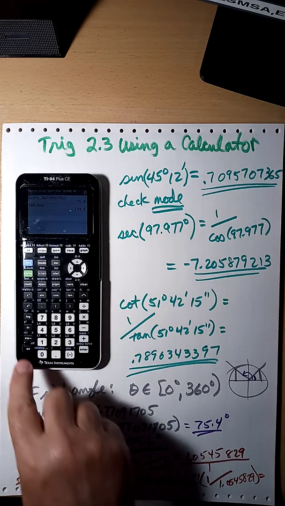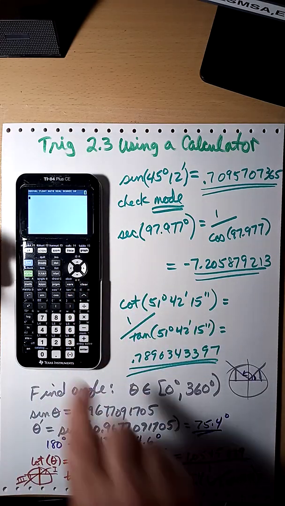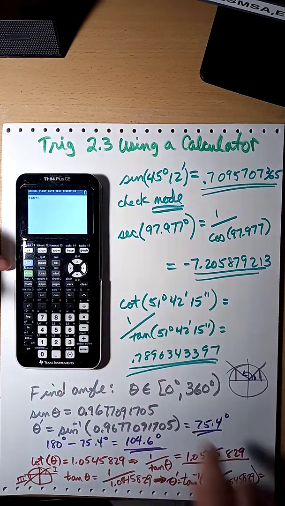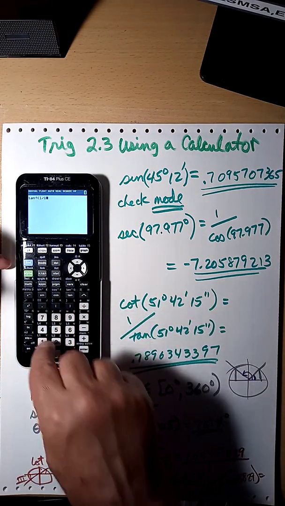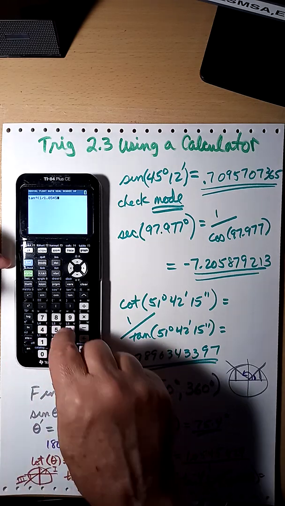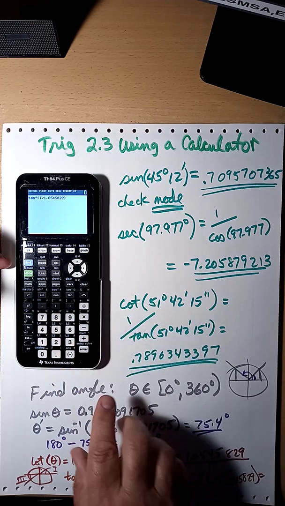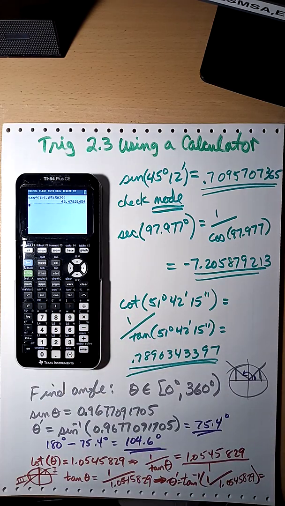Let's see what that gives us. Let's clear this off. So I need inverse tangent, 1 divided by 1.0545829. This will give me an angle, 43.47. That's the one in this first quadrant.